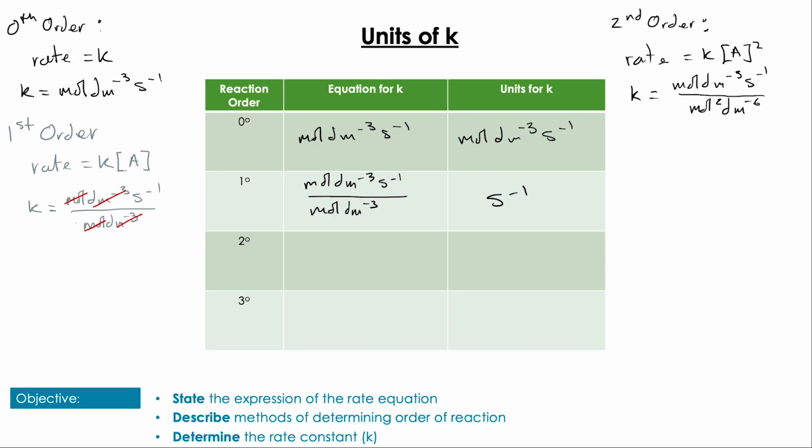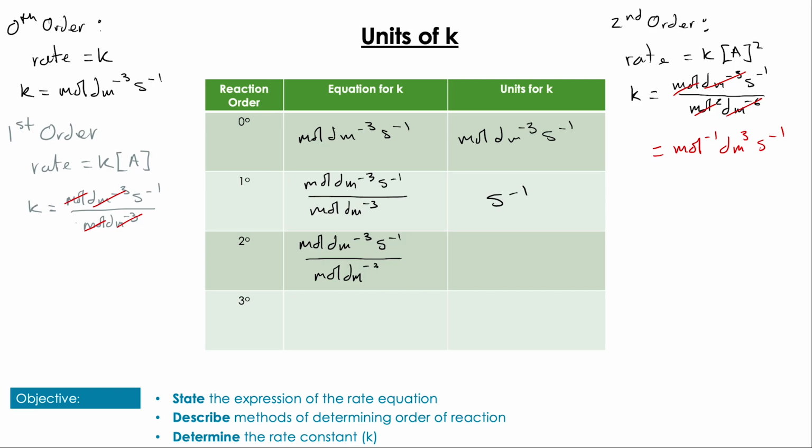Now we can expand the all squared brackets to give us mole squared decimeters to the -6, and then go about cancelling using our indices. So moles divided by moles squared is going to be moles to the -1. Decimeter to the -3 divided by decimeter to the -6 is going to be decimeter to the power 3, and still seconds to the -1 by itself.